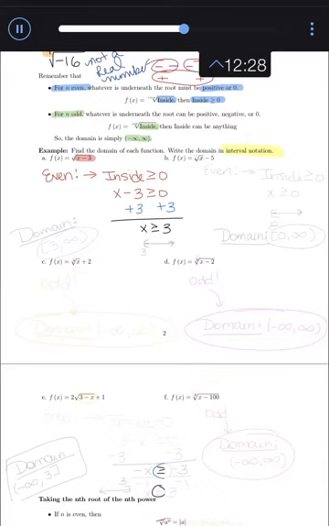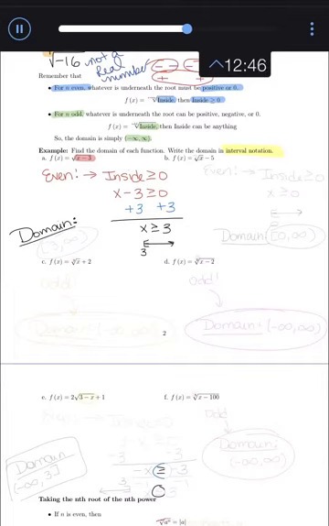So let's draw this graph. x is greater than or equal to 3 means it's going to point to the right, starting at 3 with a bracket because of the equal to.